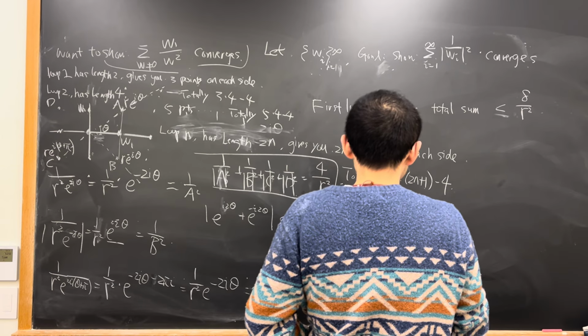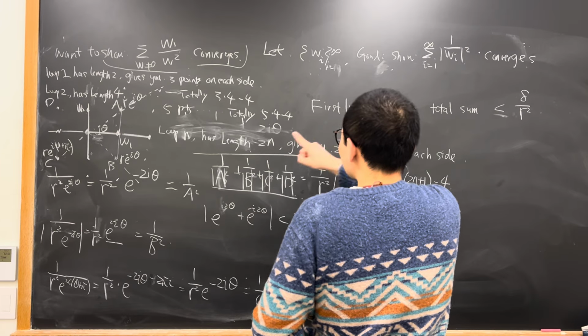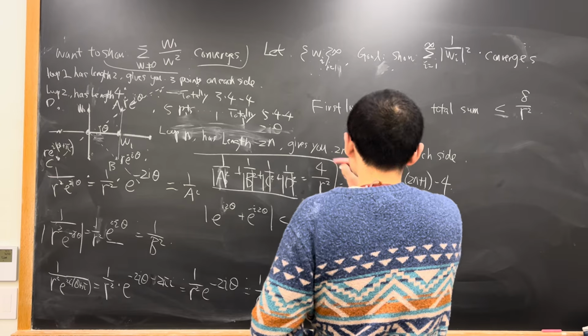Okay, that makes sense because the first loop has length 8 and second loop we calculated it has length 16, right? Okay.